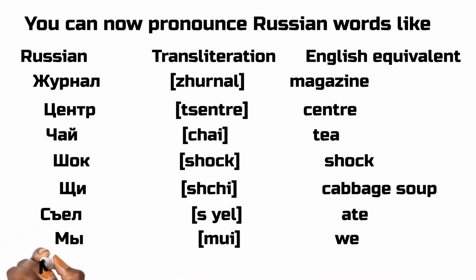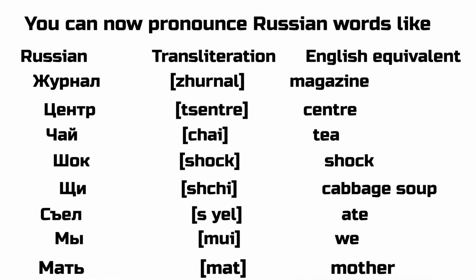Now notice the break the hard sign causes. Next, my, which means we, and mat, which means mother. Now notice how the soft sign softens the consonant T in mat.